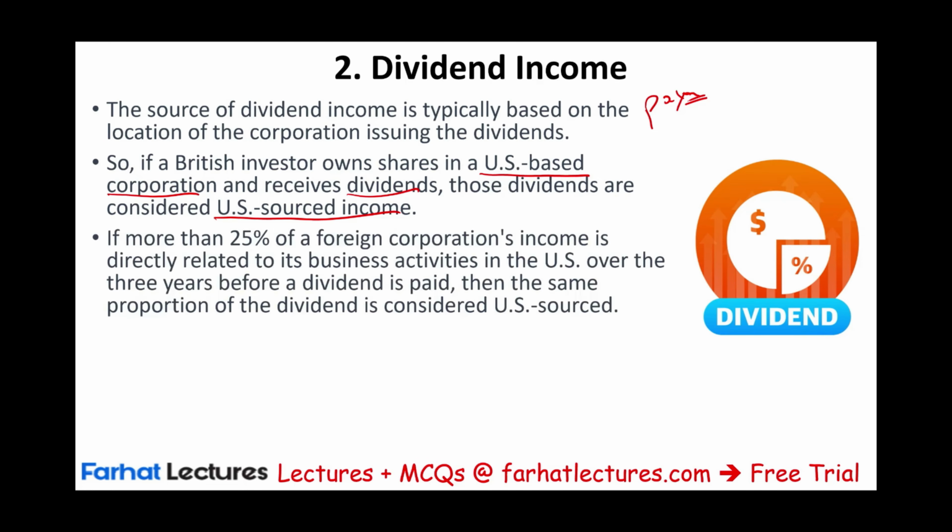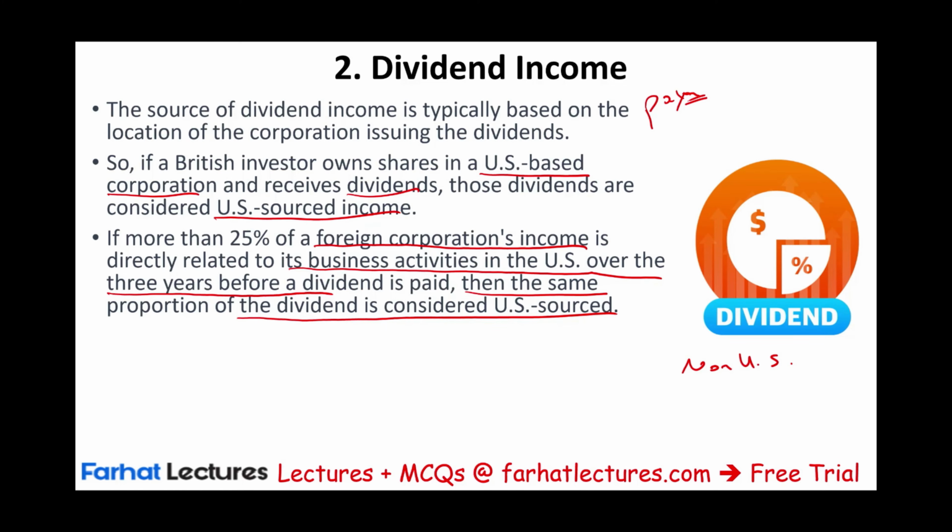If more than 25% of a foreign corporation's income, so let's assume we have a Canadian company or some foreign company, is directly related to its business activities in the US over the 3 preceding years when the dividend is paid, then the same proportion of the dividend is considered US source. So if a non-US company, a Canadian company, paid you a dividend, well, this is a non-US company.